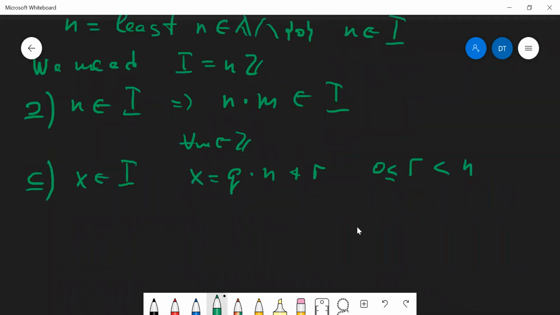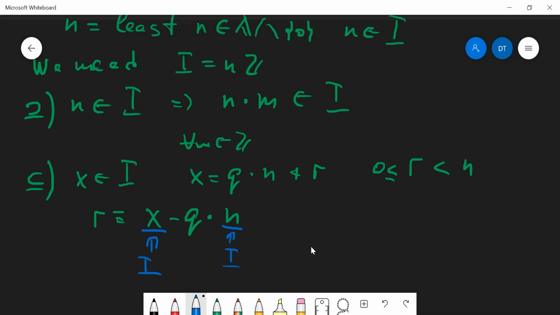But let's represent r as follows: x minus q times n. But here, x by definition was from the ideal I. That was our choice. n was also from the ideal I. We have chosen n to be the least positive element inside I.